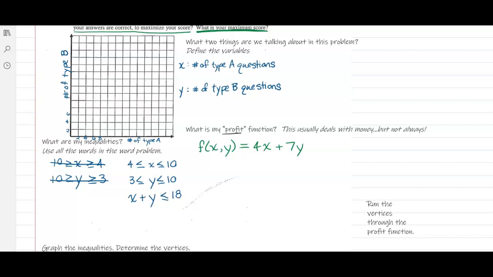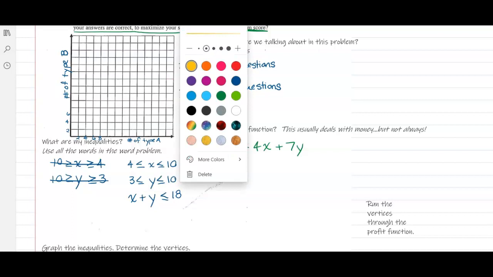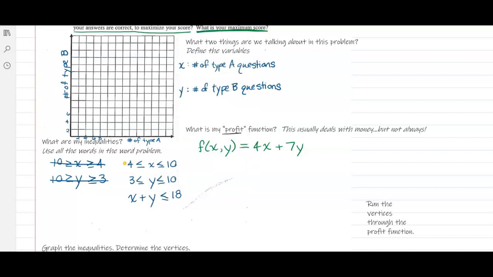So for my first inequality, and again, I'm going to mark it so I know where this came from. X is greater than 4 and less than 10. And that's shaded in between.